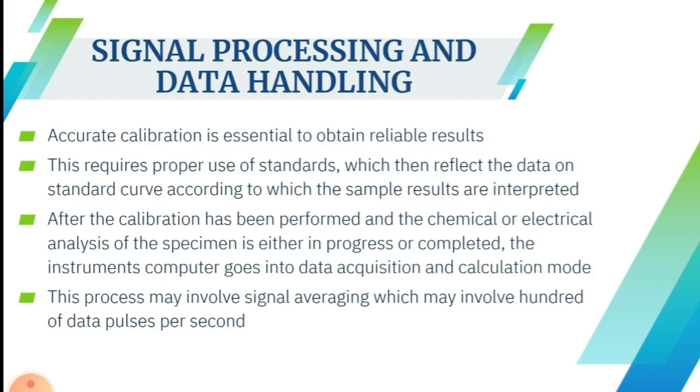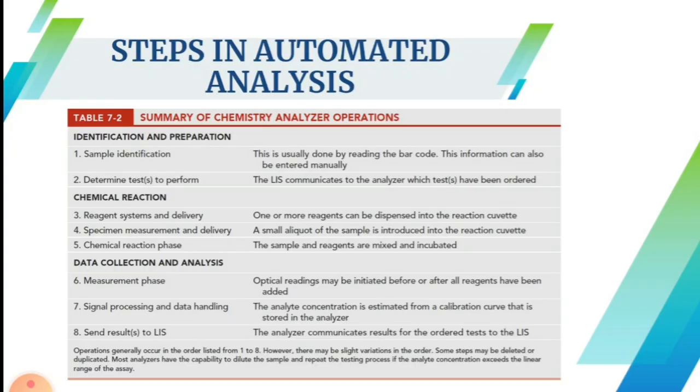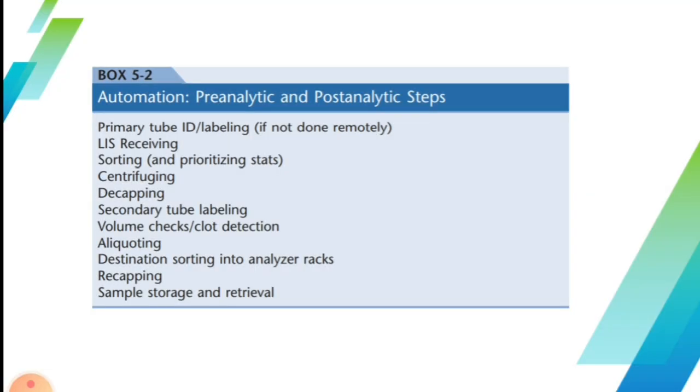Okay? So steps in automated analysis. This was already presented earlier. So just a recap from steps 1 to 8. And then this box shows the pre-analytic and post-analytic steps in automation.